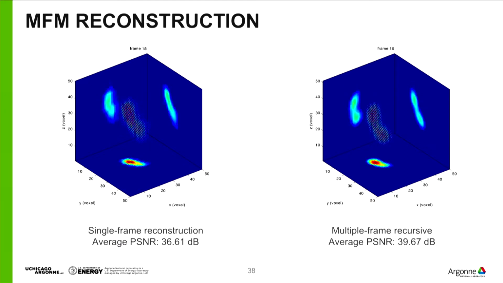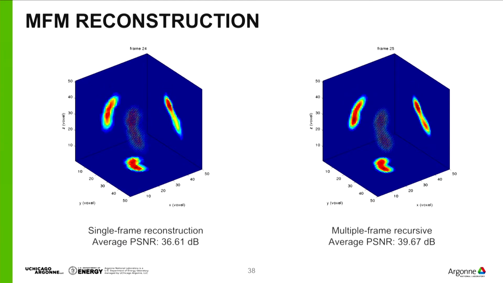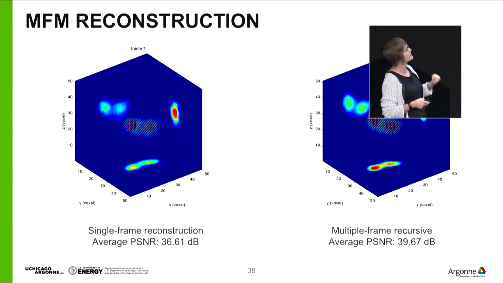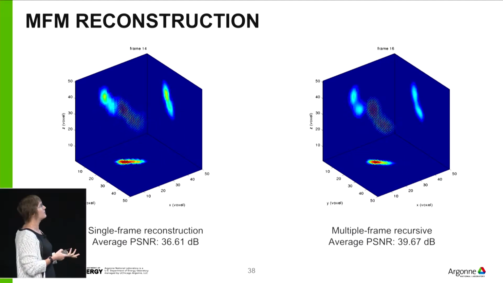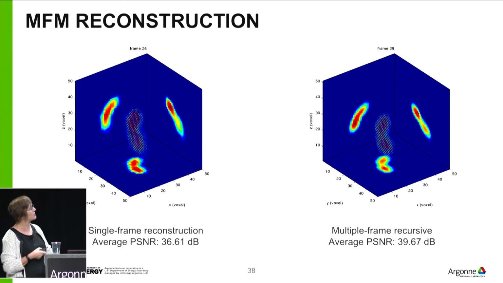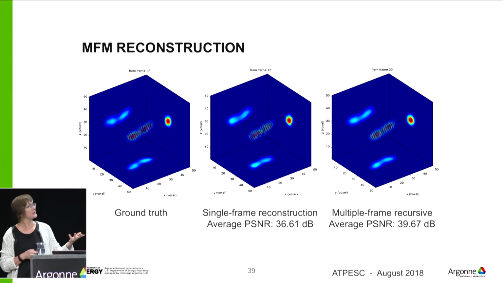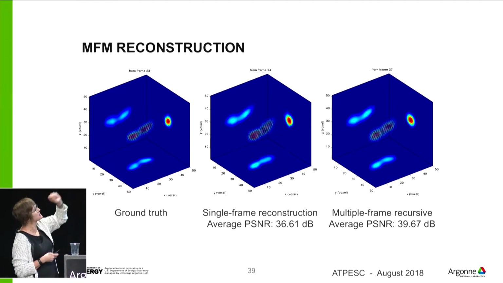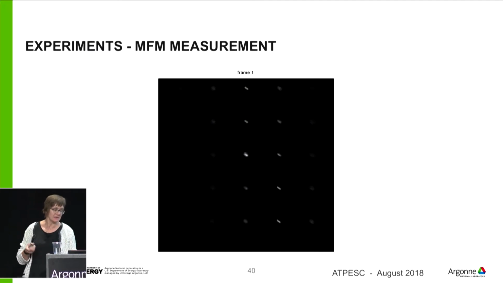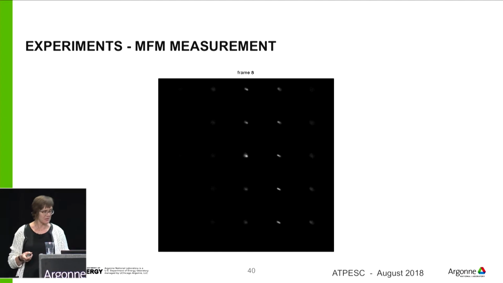Here's a single frame reconstruction with our roughly best in class set of parameters so far, and the multi-frame. Again, you get slightly better peak signal to noise ratio with the multi-frame. Here we have single frame, using one frame at a time to reconstruct, versus using multiple frames. We think we get slightly better measurements that way.